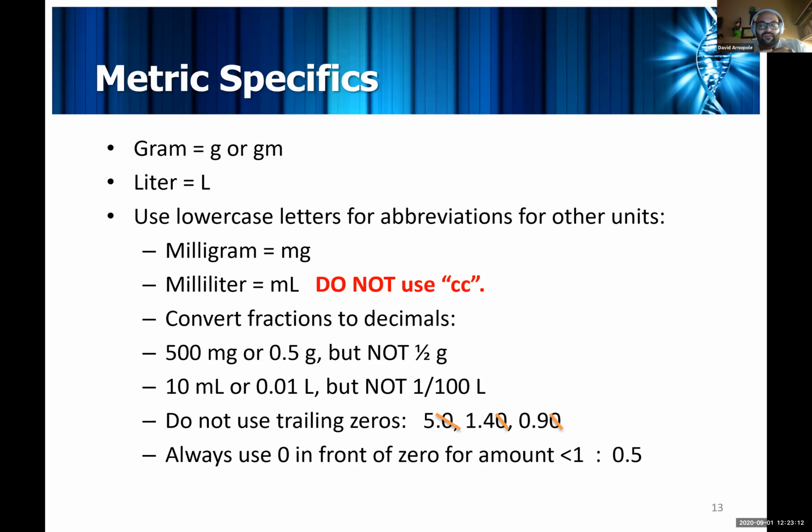Not LIT, not LTR, capital L. These are all accepted as proper shorthand for calculations, and that's it. Lowercase letters for abbreviations, so milligrams would be mg, milliliters would be little m, capital L. cc, while you will hear it all over the place, is no longer supposed to be accepted. It's supposed to be mL, because a cc is an mL.